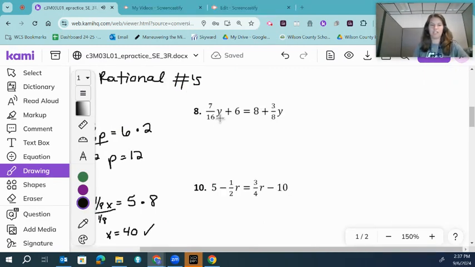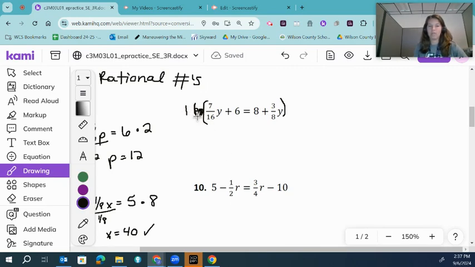Another way to solve these types of problems is multiplying the entire problem by the least common multiple. The same thing we did to find common denominators, we're going to multiply the whole thing by that number. In this case, my least common multiple between 16 and 8 is 16.